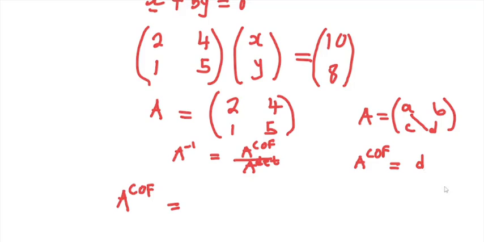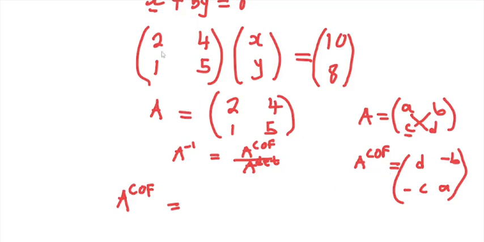The d will go where a is, and the a will go where d is. Then for the minor diagonal elements, you change their sign. So a positive b becomes a negative b, and a positive c becomes a negative c. What you have written here is the cofactor of matrix A. We are going to do the same.